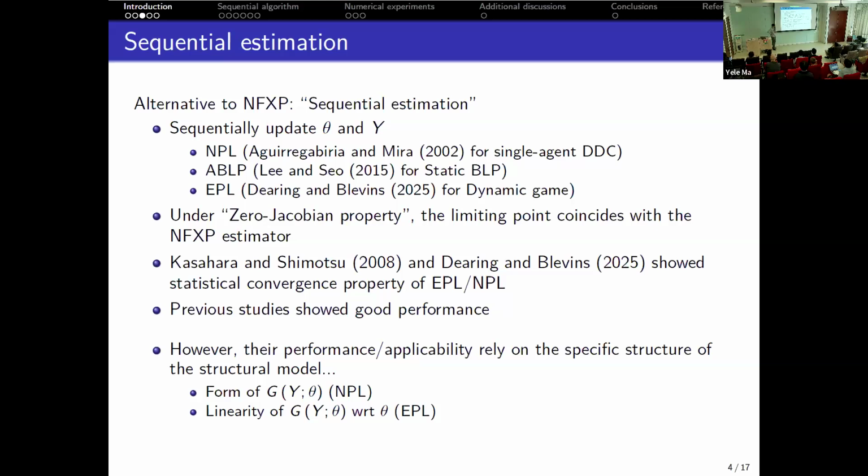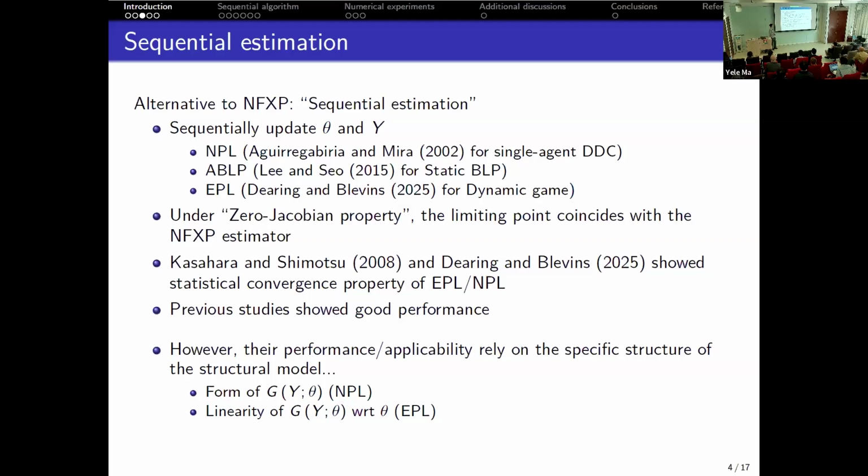The alternative to NFXP is a sequential estimation approach. Basically, in this approach, we sequentially update theta and y. So far, several sequential estimation methods have been proposed. The examples are NPL, APL, and EPL.